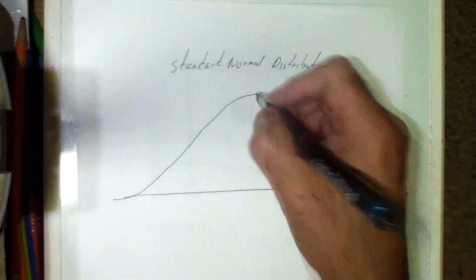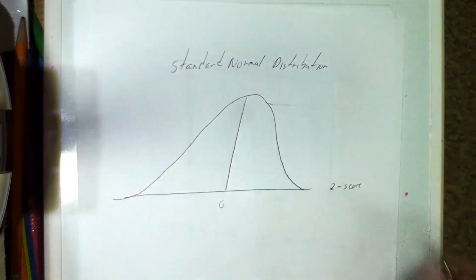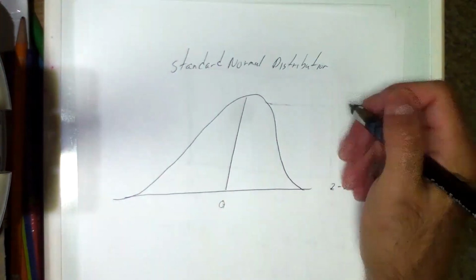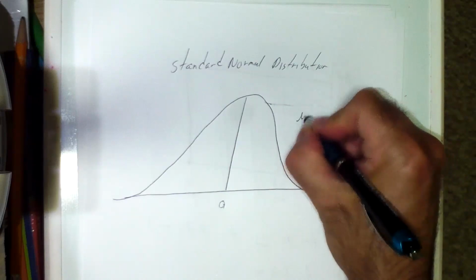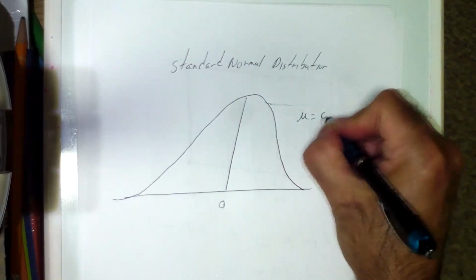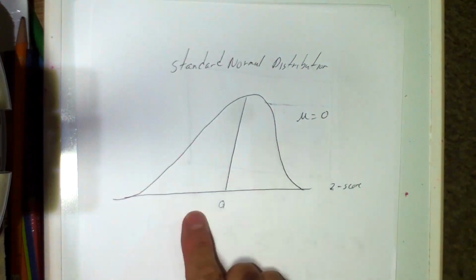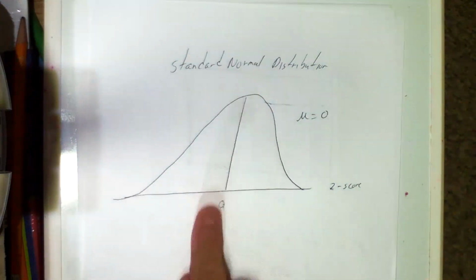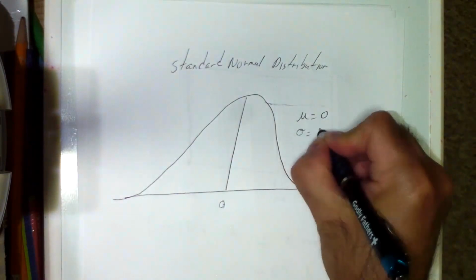So in the middle, it starts at 0. Why does it start at 0? Because what makes this distribution so unique is that the mean is centered at 0. That's your mean, right smack in the middle. And the standard deviation is 1.